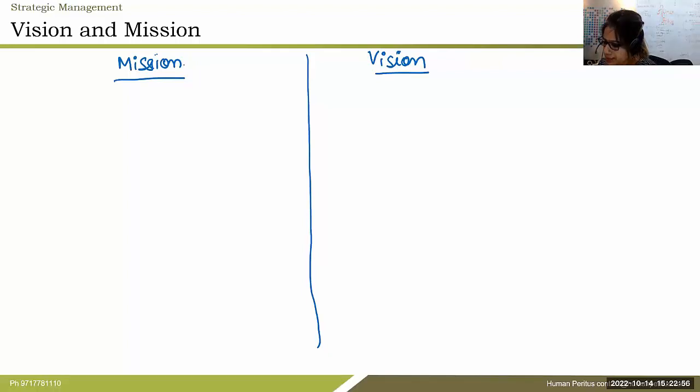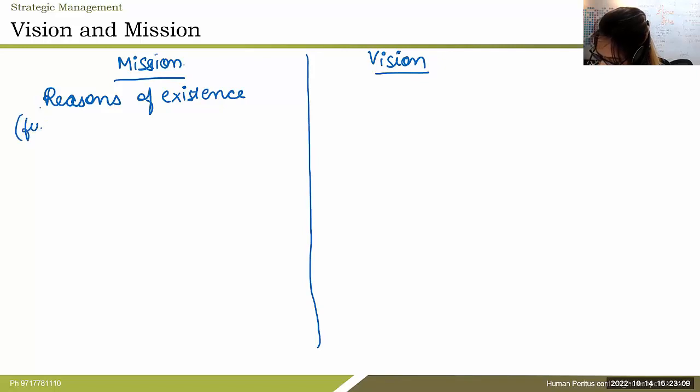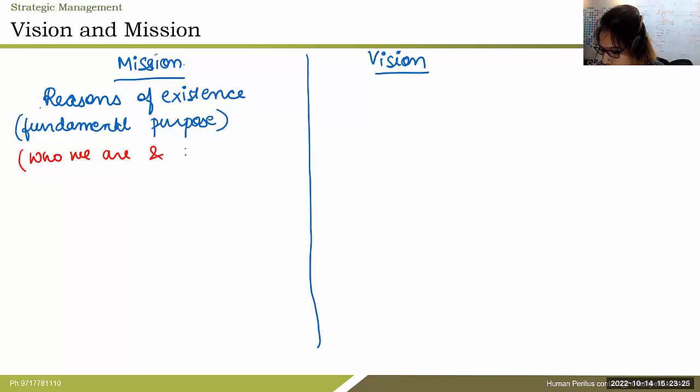Let's look at the differences. So mission tells us about the reasons of existence. As in, what is our fundamental purpose? So what our fundamental purpose tells is who we are and what we do.